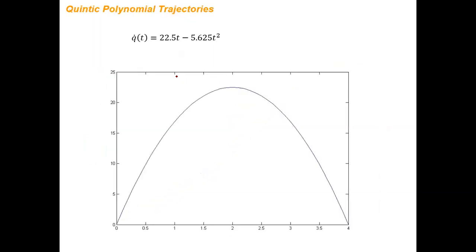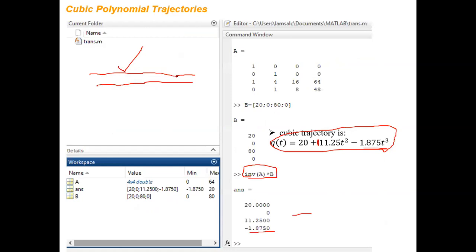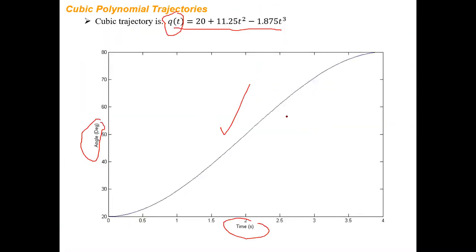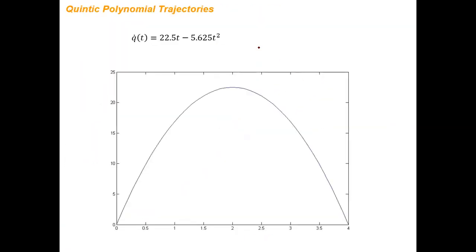Similarly, we have the velocity also. If you plot the velocity, putting in the values of A1, A2, and 3A3, then you get the velocity like this.